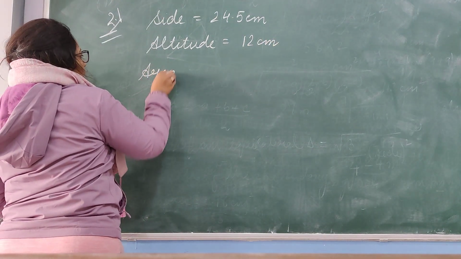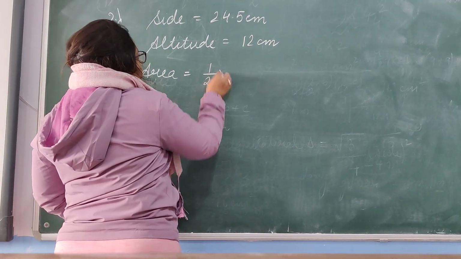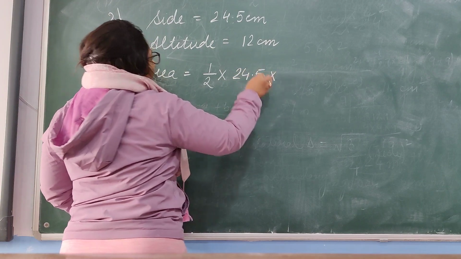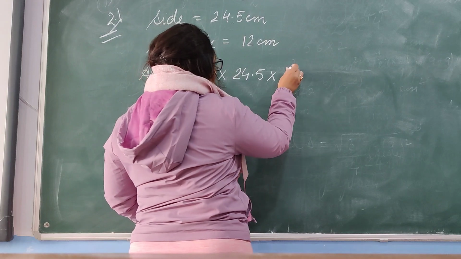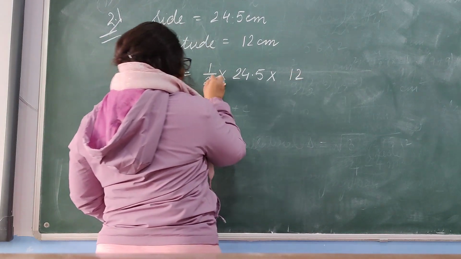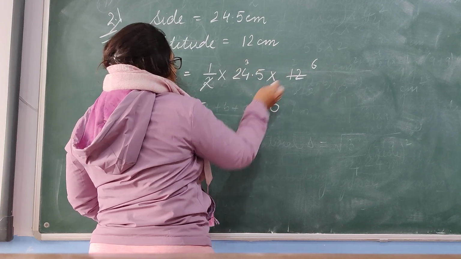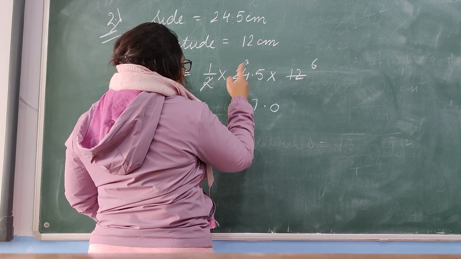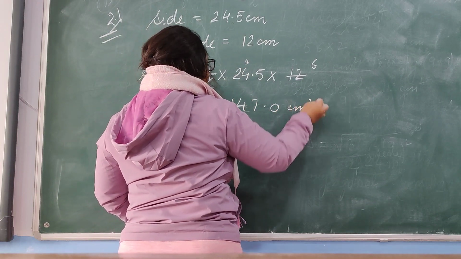What is the area? Area is equal to half into base into height. This base is 24.5 and the altitude is the height. So the area is 147 centimeter square.